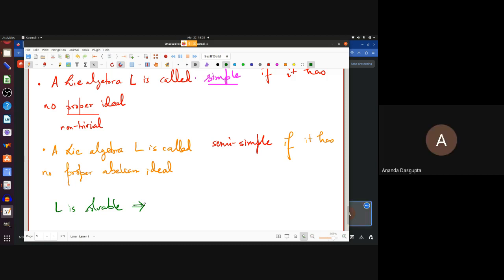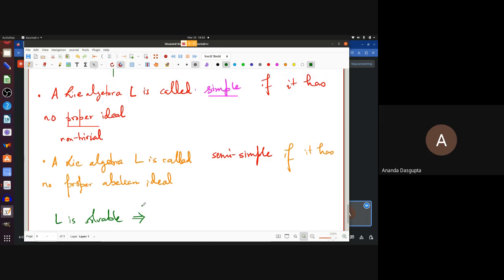Why? Because if it has non-trivial sub-algebras... Of course, it can have sub-algebras. An algebra having a sub-algebra is not an impediment to it being simple. The impediment is something else.